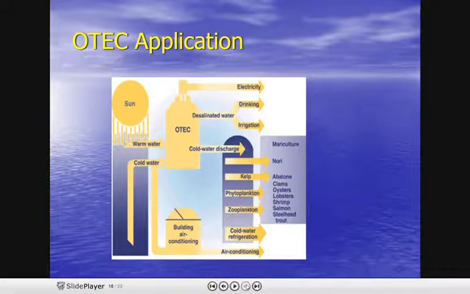नाउ OTEC एप्लीकेशंस सन से सी वाटर का सरफेस वार्म होता है जाहिर सी बात है एक 1000 मीटर जो सरफेस है उससे 1000 मीटर बिलो जो वाटर का टेम्परेचर है वो कम होगा उस OTEC को हम डिसलिनेटेड वाटर इलेक्ट्रिसिटी जो कि ड्रिंकिंग और इरिगेशन में आता है डिस्टिल वाटर को ऑब्टेन करते हैं, we filter the water by the process and this the cold water discharge, so phytoplankton, zooplankton, cold water refrigeration and air conditioning, the different processes will occur and the different applications of the OTEC.